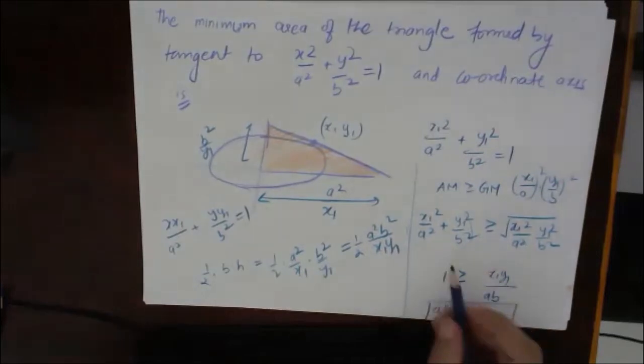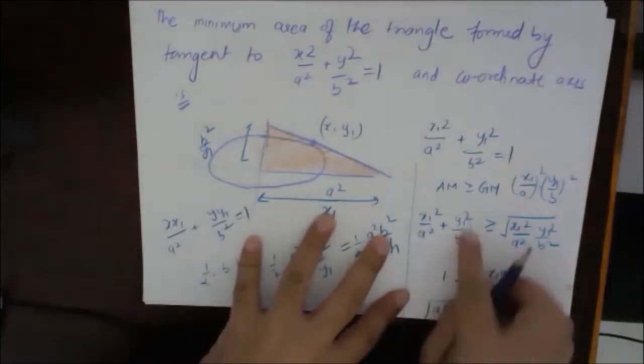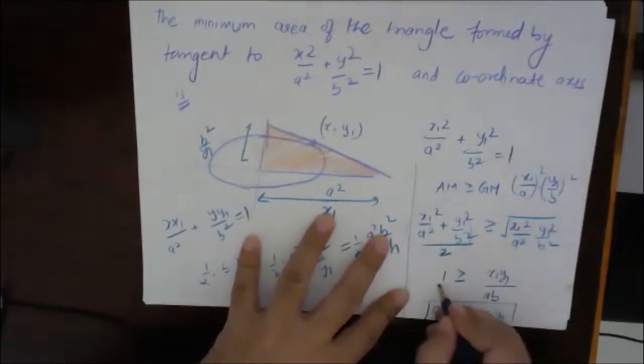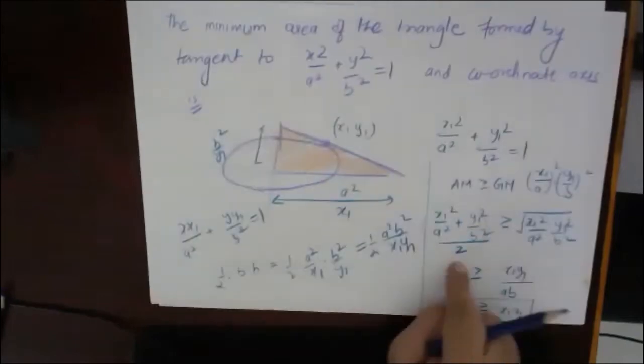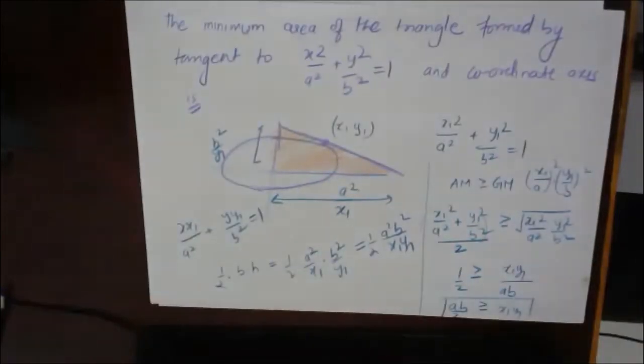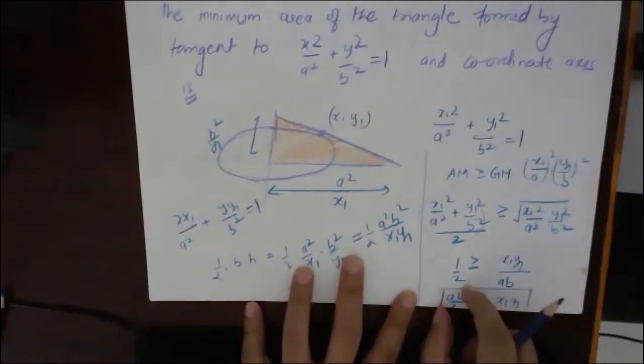Sorry, I made a mistake here. This is the AM, so this plus this by 2, and this is the GM. Now we know that x1 y1 is always less than or equal to ab by 2. If this is always less than ab by 2, that means this is the maximum value.